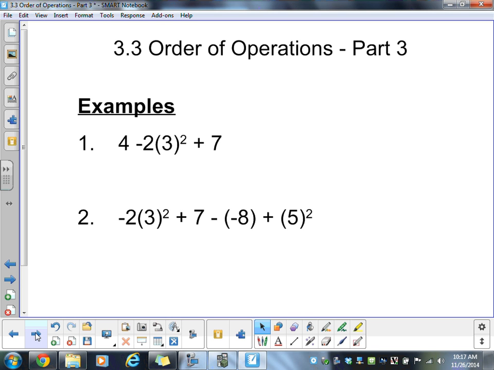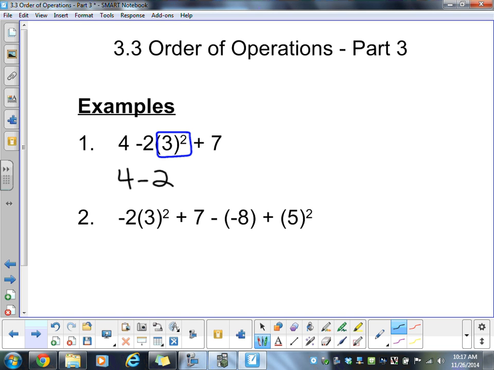In number 1, we've got a 3 to the 2nd power. You have to do the exponent first. You cannot multiply the 2 times 3 first because we're not in the multiplication and division step. So I'm going to write down 4 minus 2, and then I need to calculate 3 squared.